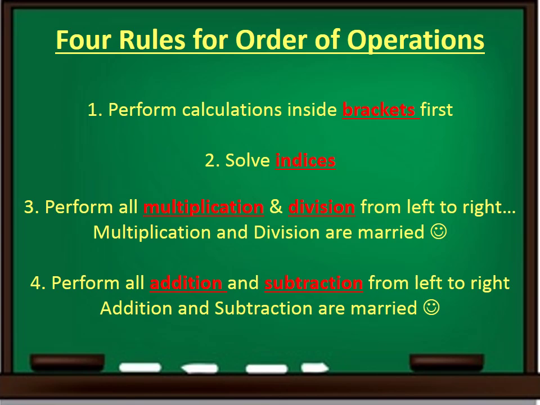Perform calculations inside brackets first. B. Solve indices. Sometimes indices is called orders or powers. We then look at multiply and divide signs, from left to right, and I'll explain how that works shortly. And the last thing we look at is addition and subtraction from left to right.